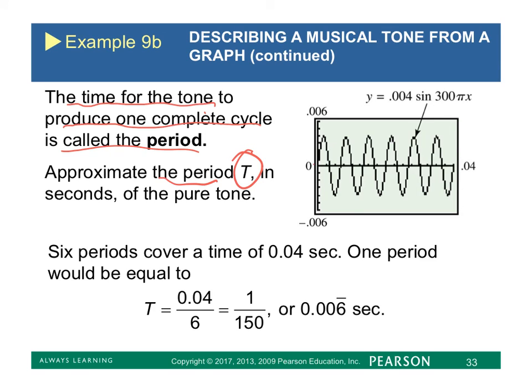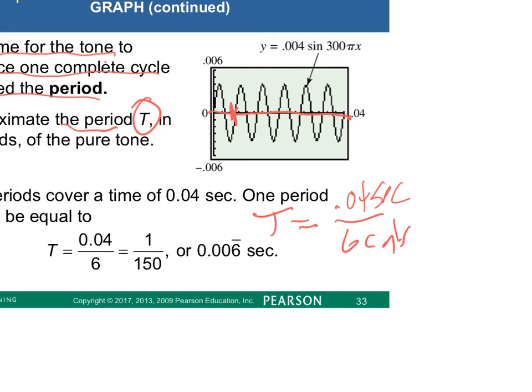So we take the total time he traveled for those 6, divide it by the 6 cycles. That'll tell us how long it took for 1. So tau is equal to 0.04 seconds for 6 cycles will give us the number of seconds per cycle. And he did the math for us.